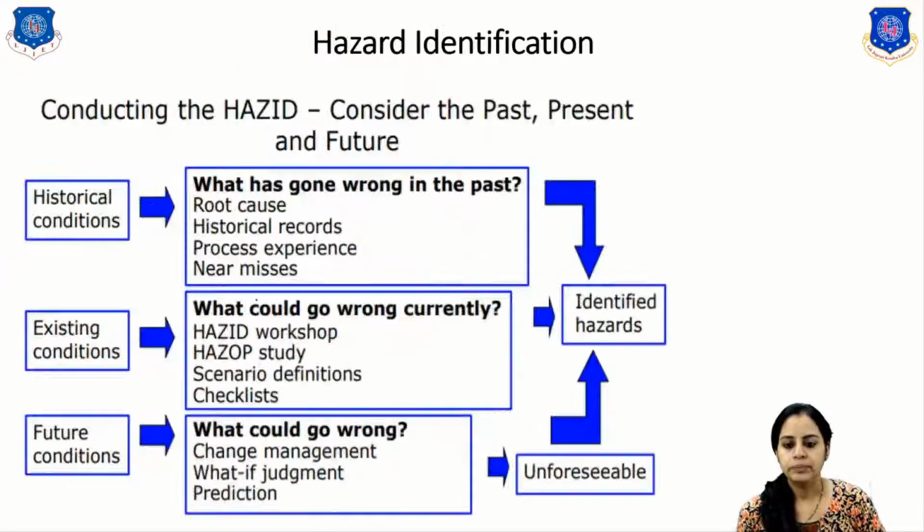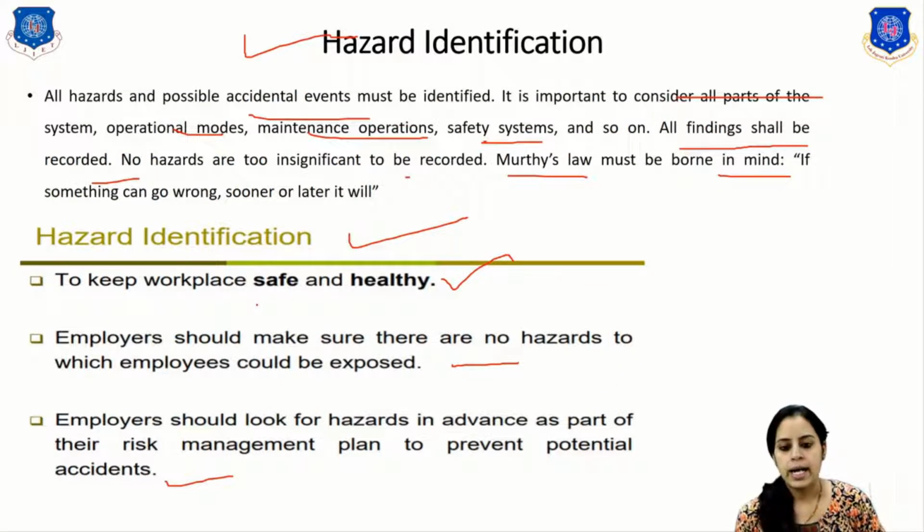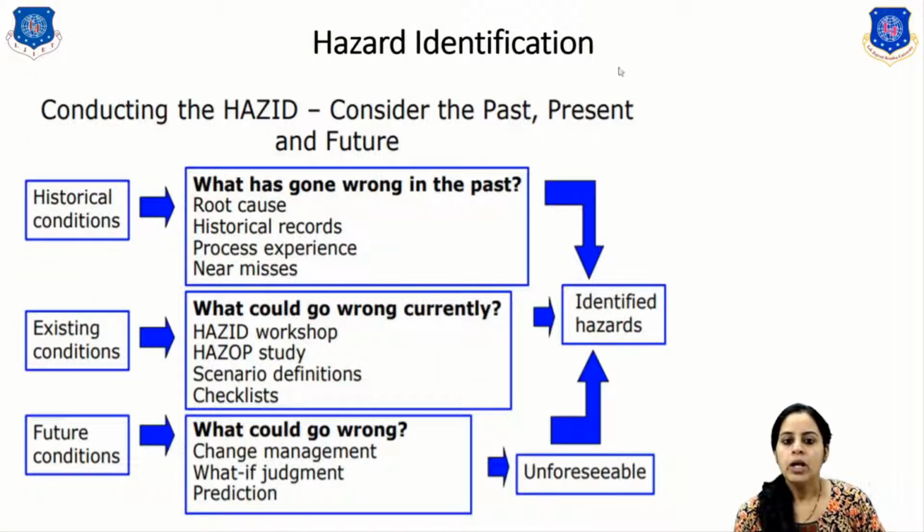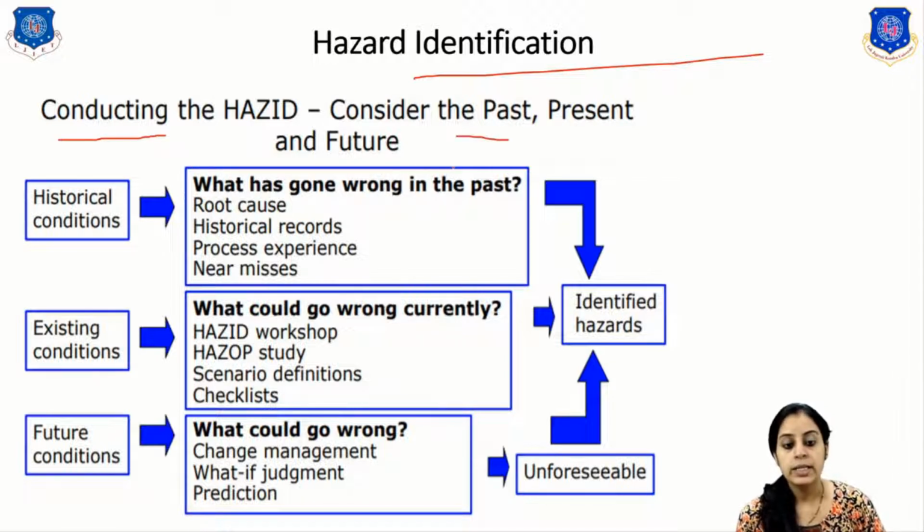It is hazard identification, right? Now here you can see that some processes are given for hazard identification. So in conducting the hazard identification, consider the past, present and the future.